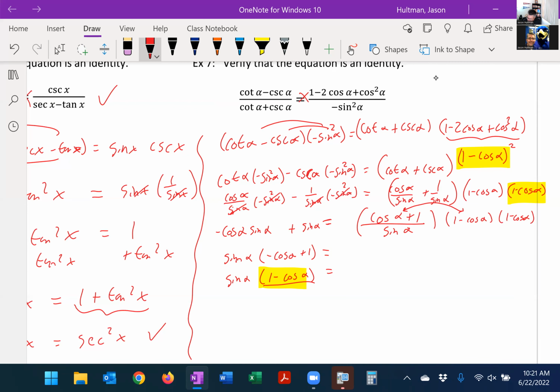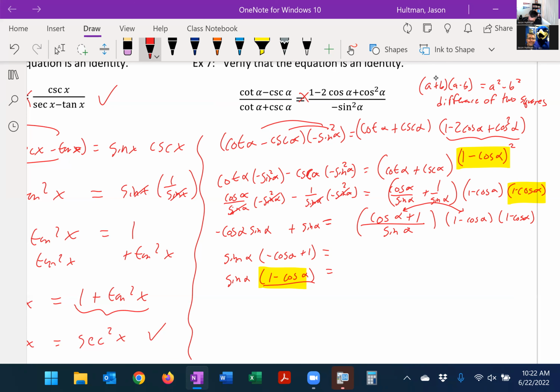This is cosine alpha plus 1 times 1 minus cosine alpha. This is multiplying by the conjugates. When I multiply a plus b times a minus b, I end up with the difference of two squares, which is a squared minus b squared. The middle term will drop out. So that's from algebra, and it's called the difference of two squares.